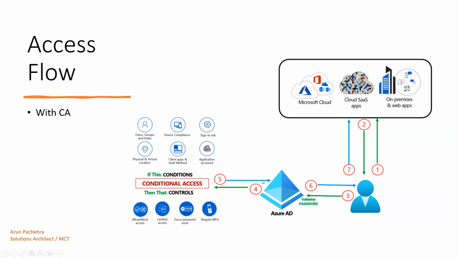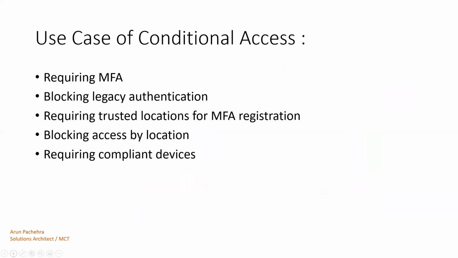All right, now the concept is clear. Now let's see where we can use it, the common use cases. Requiring MFA, as I said in this video and in the previous video, for administrators only, per application, only for access attempts from untrusted networks, things like that.